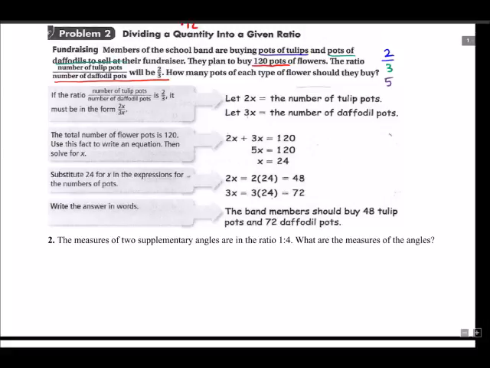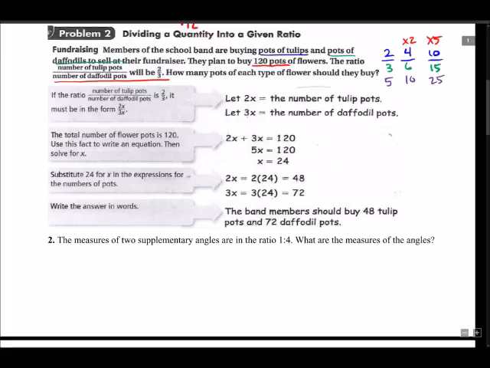Right? Well, what if I multiply that by 2? Well, we would get 4 tulips, which would mean we would have 6 daffodils. But that's only 10 plants. Well, what if I multiplied that by 5? We would get 10 tulips and 15 daffodils, but that's still only 25 plants total.